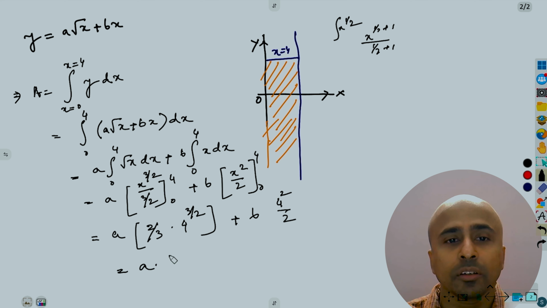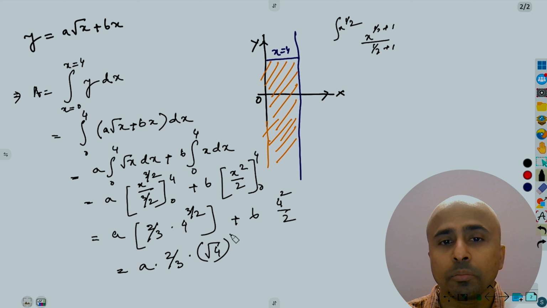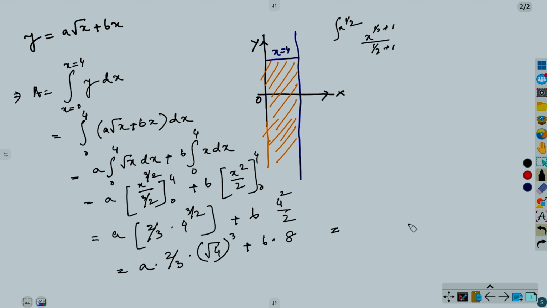A times 2 by 3, 4 to the power 3 by 2 means square root of 4 cubed, plus b times 16 by 2, which means 8. Okay, it is plain simplification now.